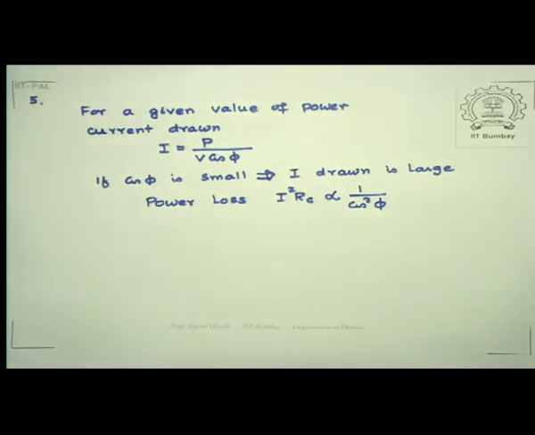So therefore, a low power factor is responsible for a lot of loss along the transmission line. Now, how does one compensate it?